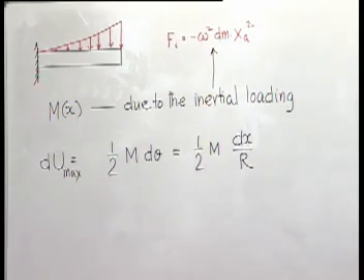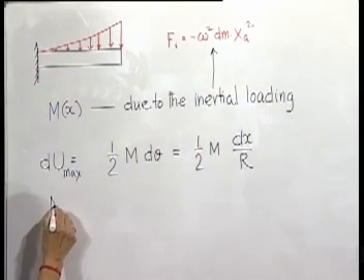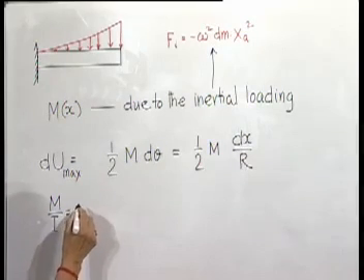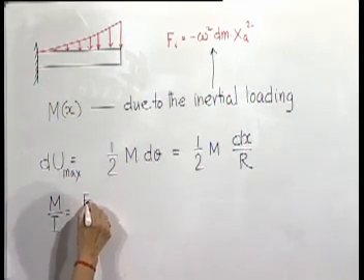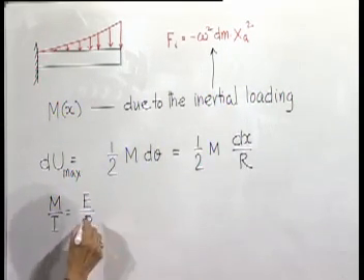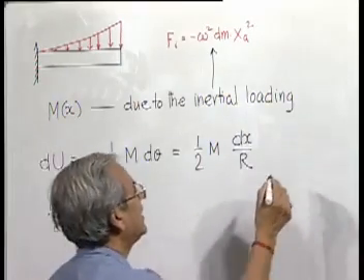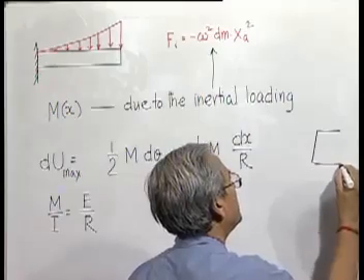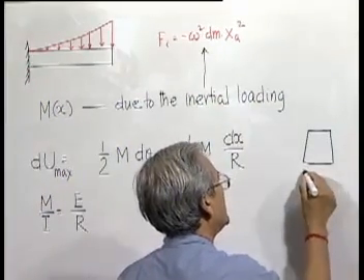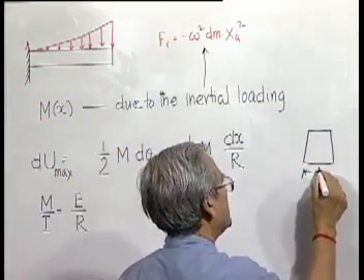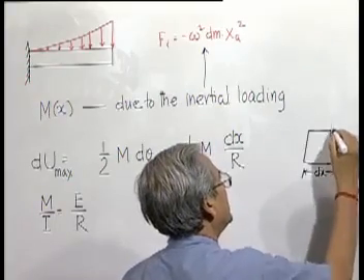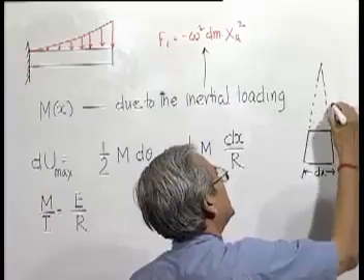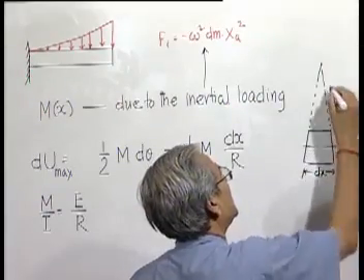Now, from beam theory, or another simple expression, M by I is equal to E by R. So if we treat this element as a beam, the length of the beam is dx, and the radius of curvature due to bending is R.